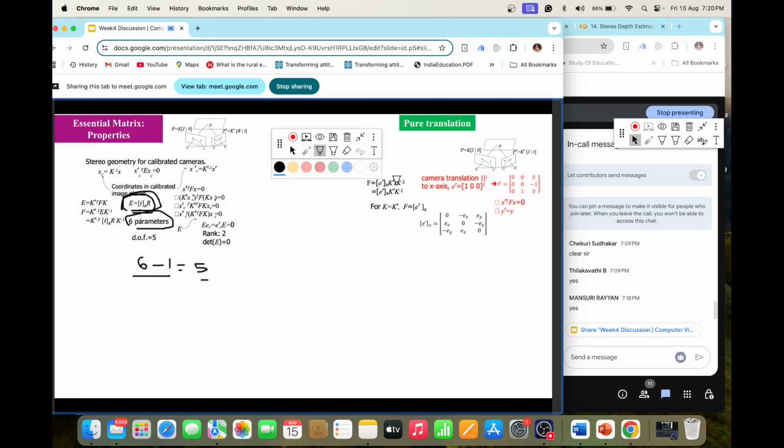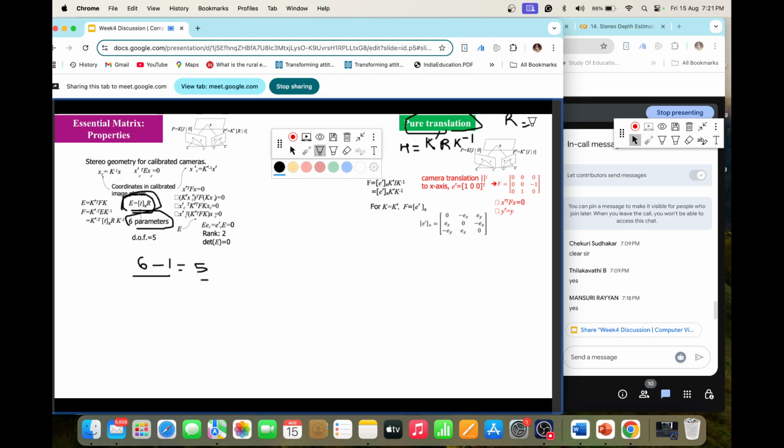H is nothing but your k dash r k inverse, right? K dash r k inverse. So here, as it is a case of pure translation, r will be equal to I.